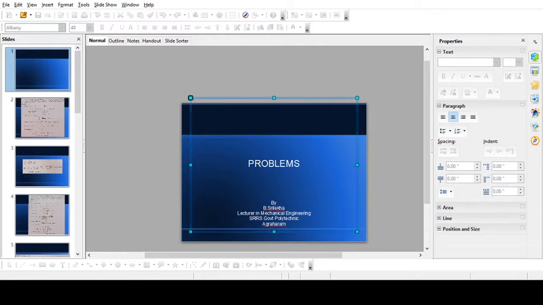Next, Young's modulus is equal to stress by strain. It is 12.025 by 6 into 10 to the power of minus 5. So you will get a value of 2.004 into 10 to the power of 5 Newton per mm square.